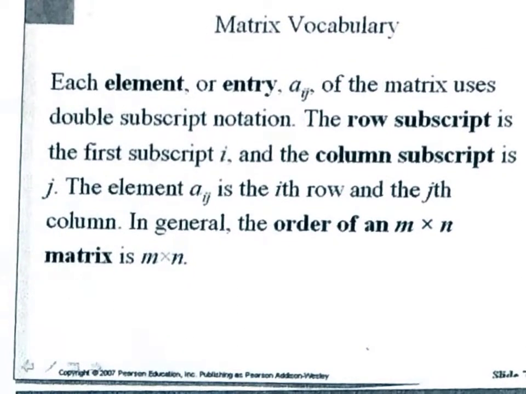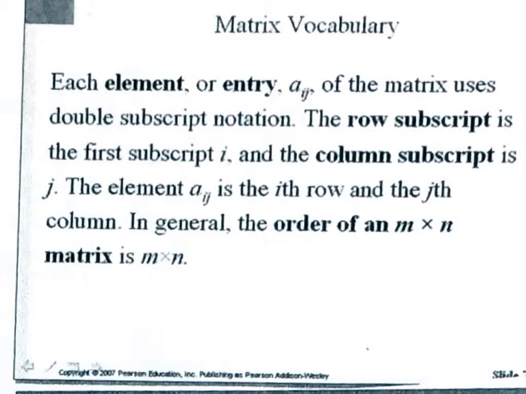In this case, for example, it says the matrix uses double subscript notation. The row subscript is the first subscript, which is the I. The column subscript is the J. The element A sub I sub J is in the ith row and the jth column. In general, the order of an m by n matrix is m times n.